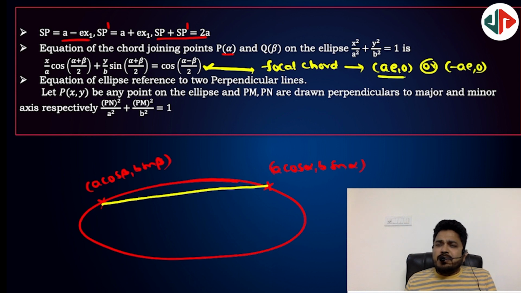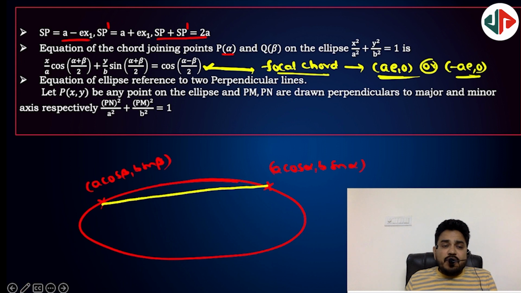So just substitute one of these points and accordingly you are going to get the answer in terms of tan alpha by 2, tan beta by 2. So very important, you need to substitute AE comma 0 or minus AE comma 0.